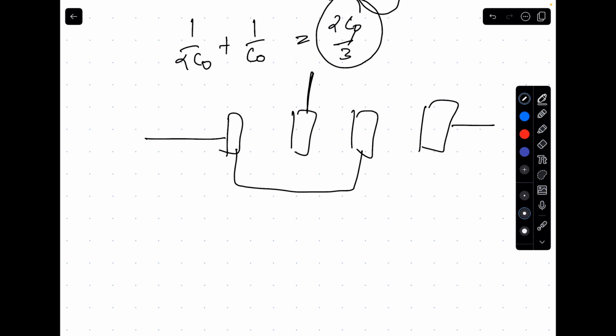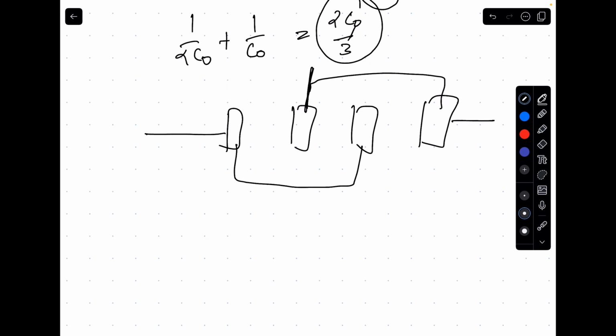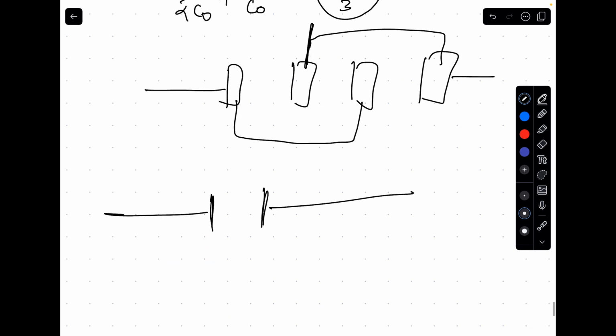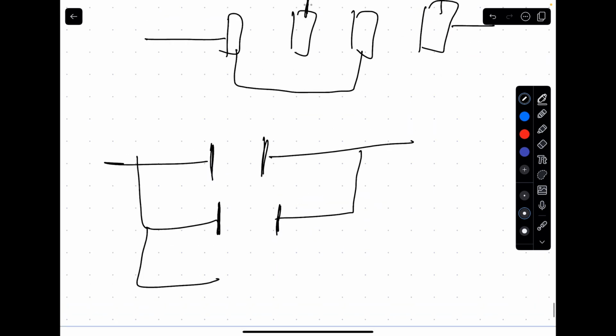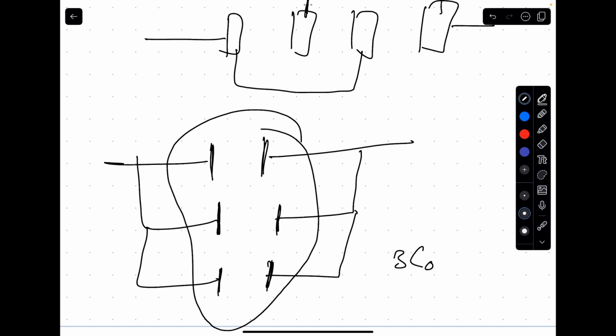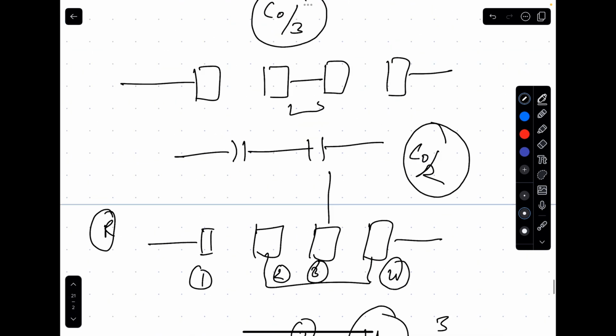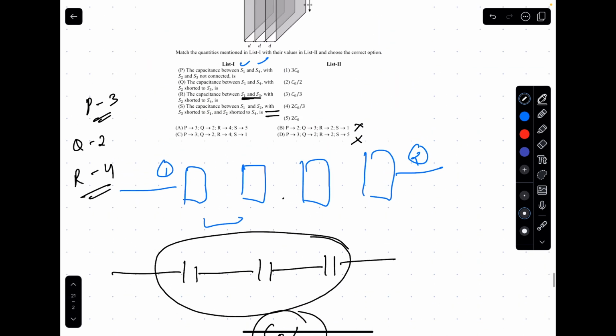And then 2 and 4 are shorted. So look, we have first plate, first capacitor, second plate, second capacitor, that is also connected to the terminal. Second plate, second capacitor, third plate, first capacitor, which is also connected to the terminal. The third plate, second plate, and fourth capacitor, first plate, that is connected. So what is that? 3 C naught. So the C option is correct.